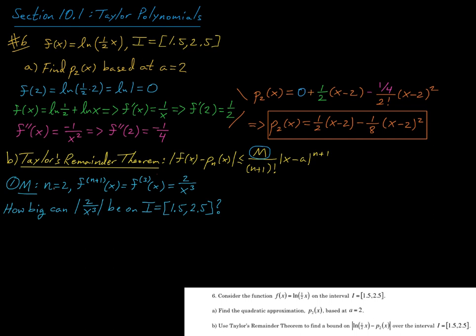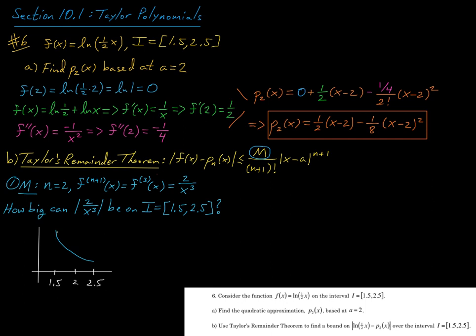So here, since we're using p2 of x to approximate our function, n is 2, and so the n plus first derivative is really the third derivative of our function f, and if I differentiate the second derivative, I get 2 over x cubed. And so now what we're asking to find M is how big can the absolute value of 2 over x cubed be on this interval? Just like we did in the last video, we can look at a graph of the absolute value of 2 over x cubed.